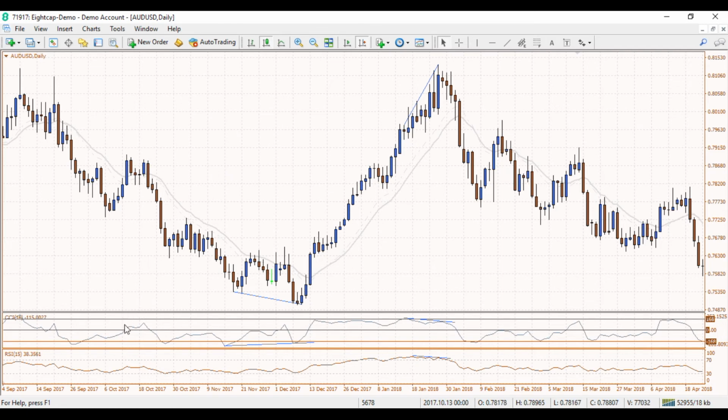We can see here at this point that the CCI indicator and the RSI moved higher, but price at this point moved lower. So that is an example of hidden divergence, and a lot of people trade it as a trend continuation setup.